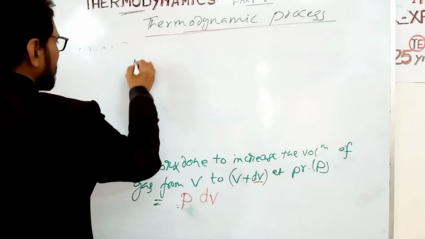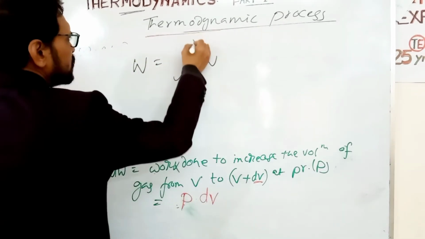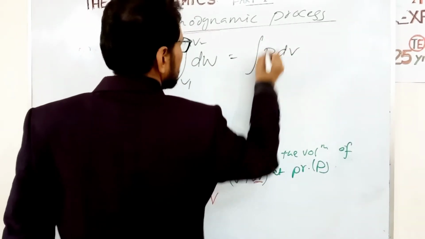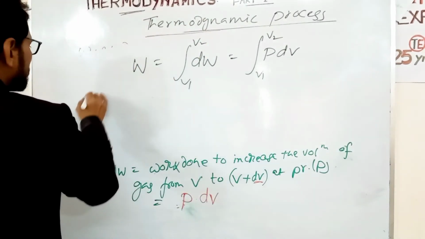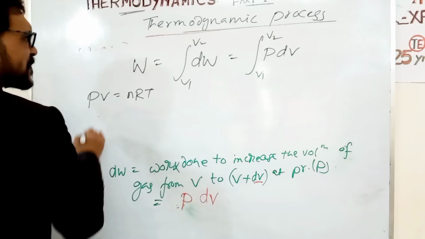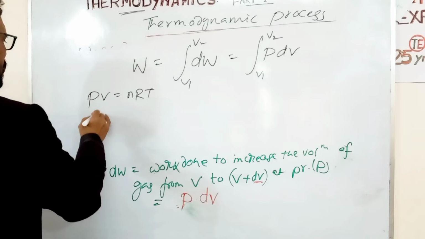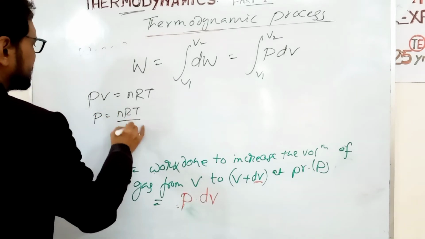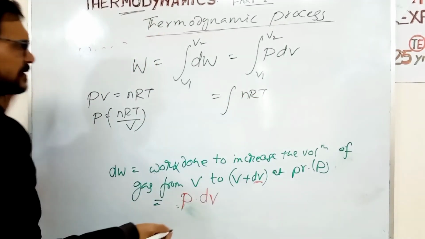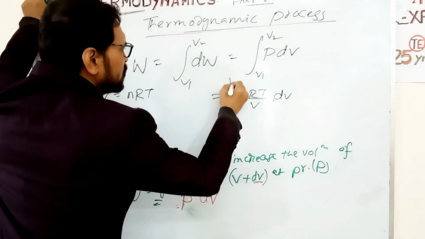Now the total work done W will be the integration of dW, with volume from V1 to V2. Now dW equal to P dV. The gas equation is PV equal to nRT, so P equal to nRT by V. We put here P equal to nRT by V into dV, from V1 to V2.